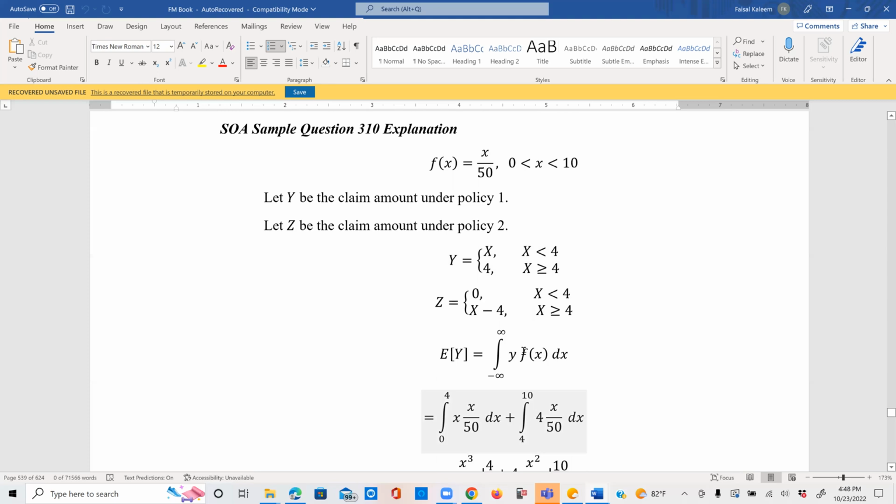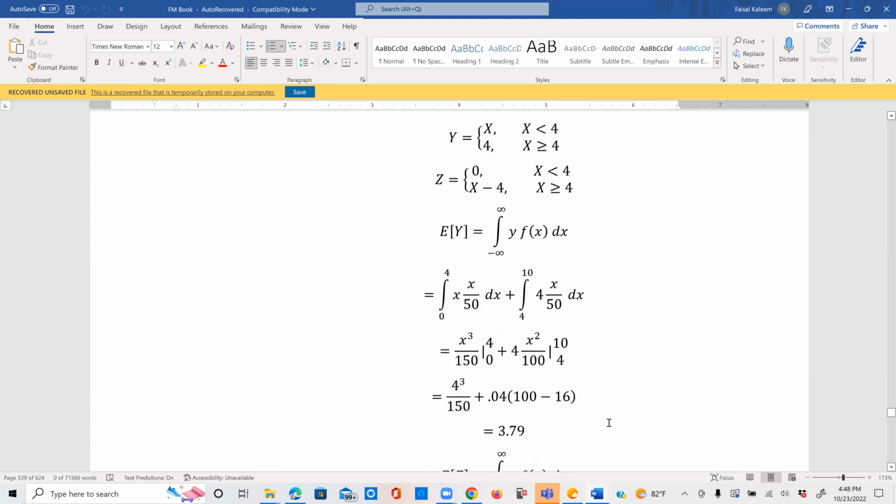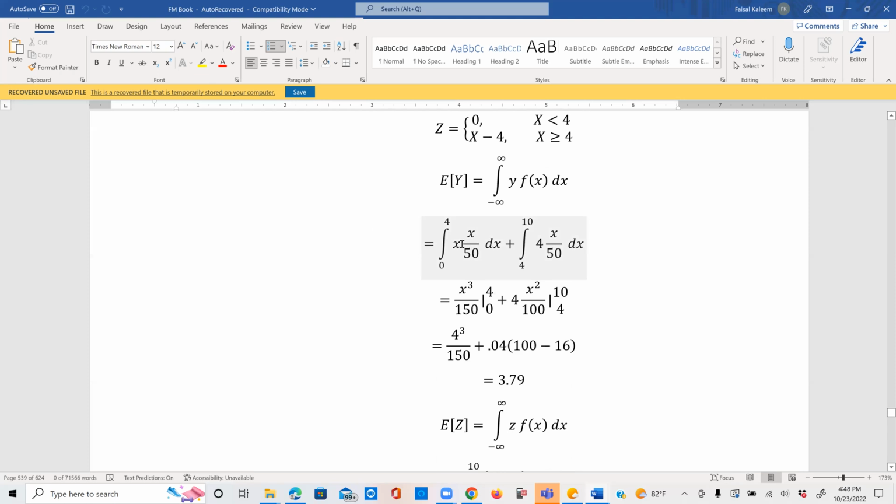In this case, the Y value equals 4, so we substitute 4 here, and f(x) is x over 50 as before. To integrate this, we first multiply x with x, so that's x squared, which integrates to x cubed by 3, and the 3 gets multiplied with the 50 to give x cubed by 150, from 0 to 4.